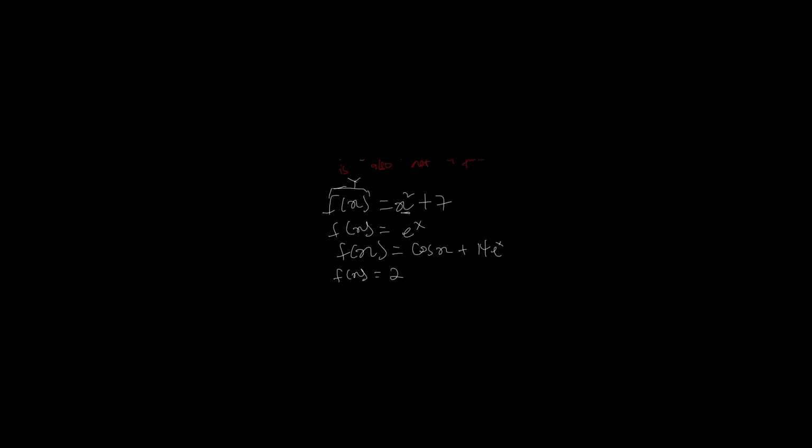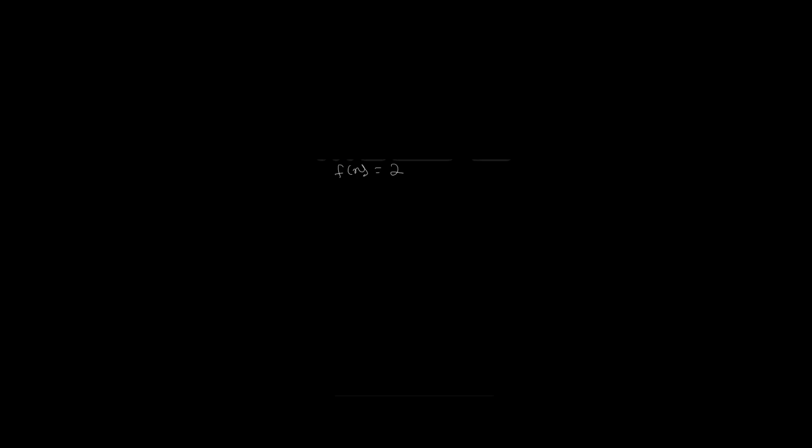Now, for most questions, we will not be given the domain or the codomain. We will rather be given the rule or the function itself. For example, f of x equals x squared minus 2. With this, you can be asked to find the domain or the codomain.